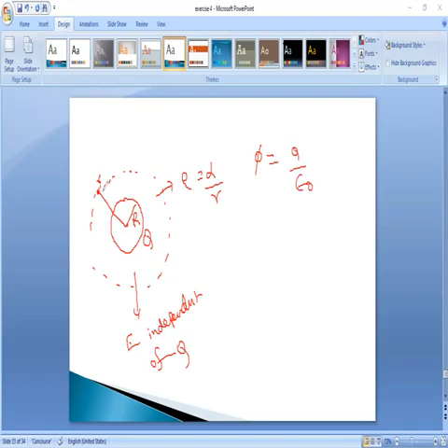Flux means if this point is taken, so that this can be taken as Gaussian surface, then flux will be electric field intensity E into area. Area of that Gaussian surface will be 4 pi r square. This is equal to total charge they are asking us. This charge we know, q plus what is the charge in this particular space, that also you have to calculate separately.